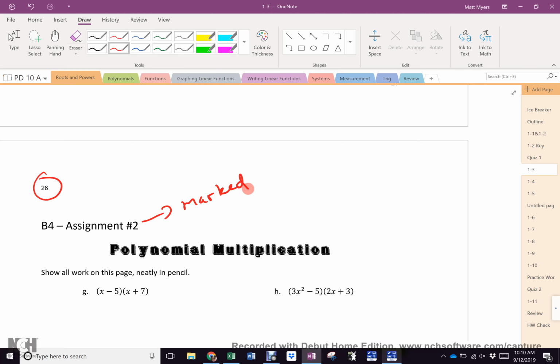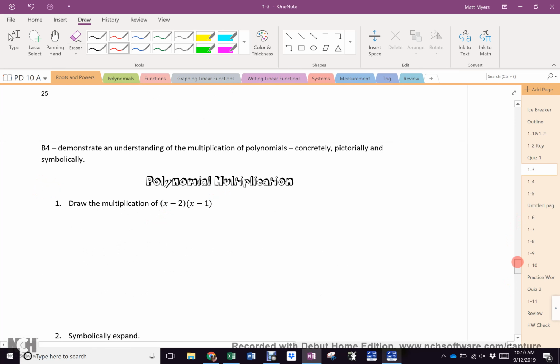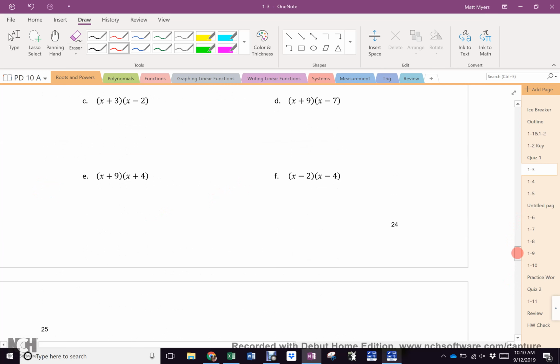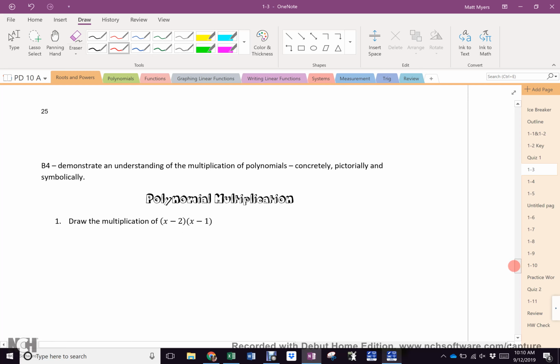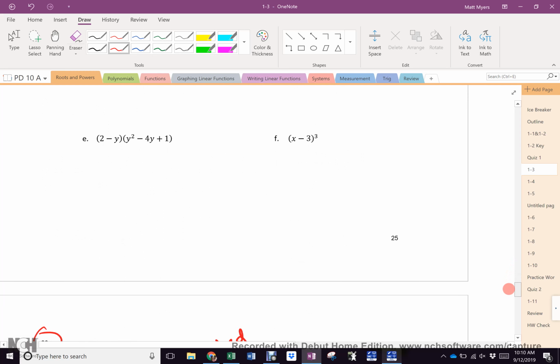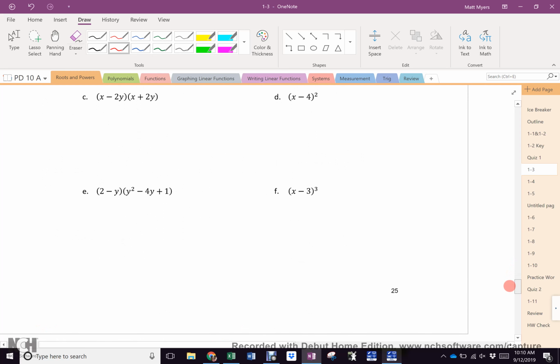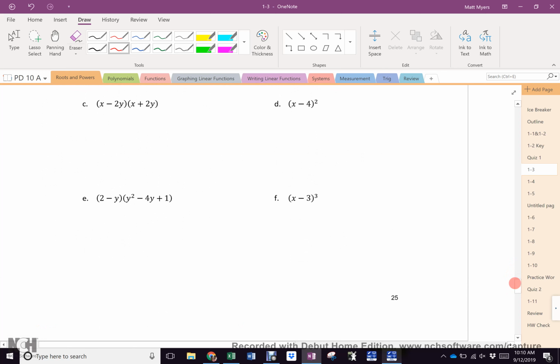Clear? In 10 minutes, I'll show you 24. That'll take 5 minutes. 10 minutes after that, I'll show you 26 or 25. That'll take probably 10 minutes. That will take us to the end of the block. Clear? Go.